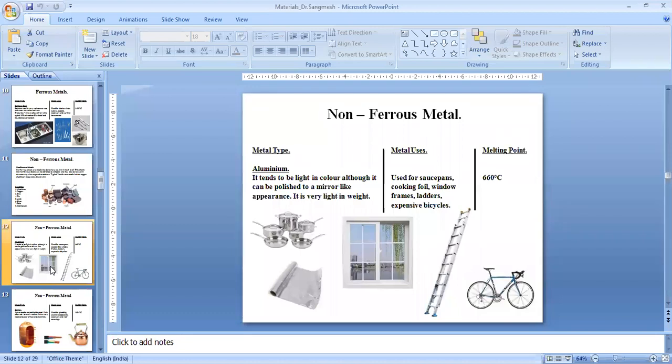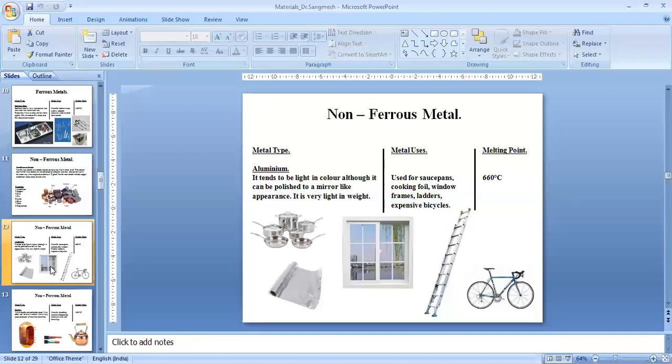Of course, one of its significant characteristics is that it is very light in weight. All non-ferrous metals are going to be comparatively lower in weight. It can also be used for window frames, ladders, and expensive bicycles.